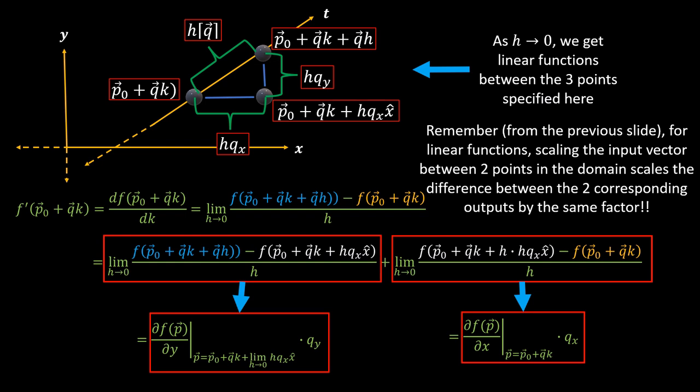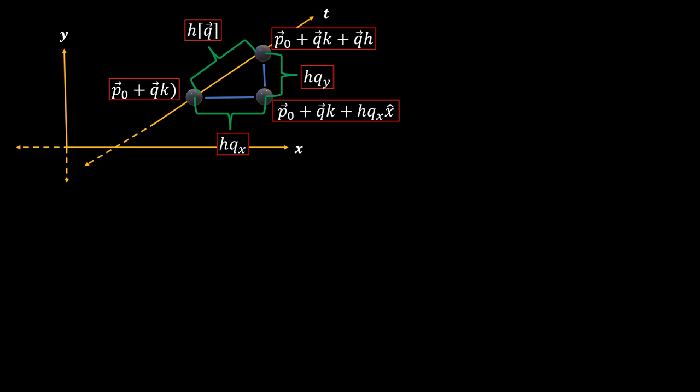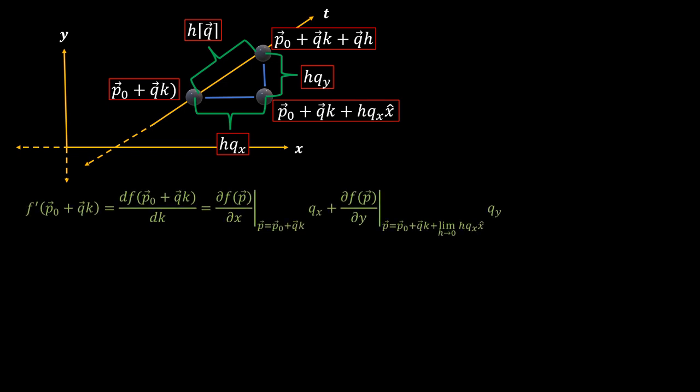And we're actually evaluating these partial derivatives of p, which is just some dummy vector, at the specified points, as you can see in the diagram. So we have this over here. It's actually equal to that.